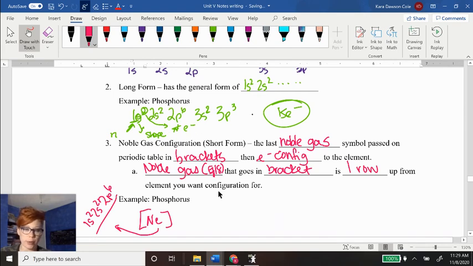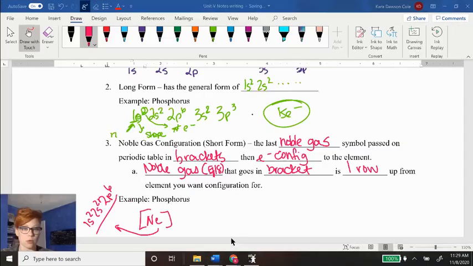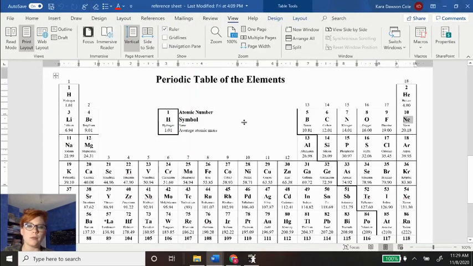The leftover part to get to phosphorus is what we have to write. After neon, we go through 3s2 to magnesium, and then 3p3 to phosphorus.